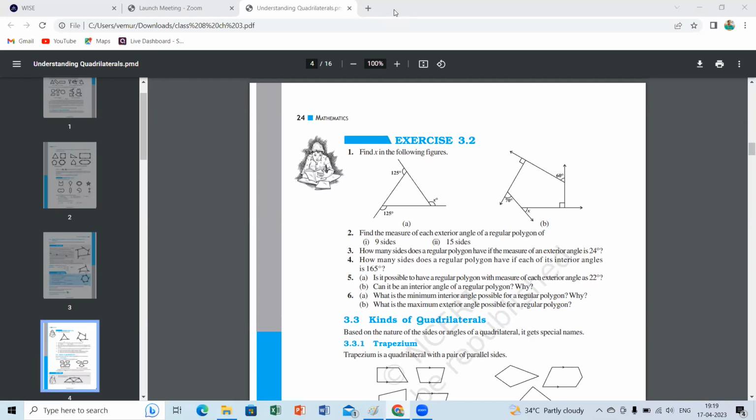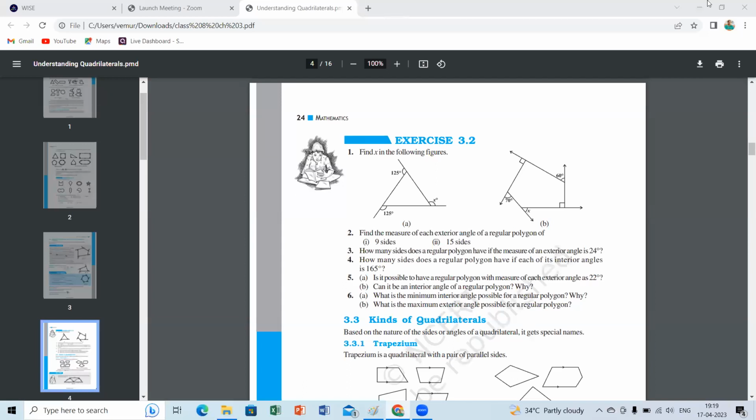Please go through our Topper. Do you have the Topper subscription, children? Yes, ma'am. In each and every chapter there are more than 200, 300 questions. Whenever you have free time, take it as a challenge and try to do it.